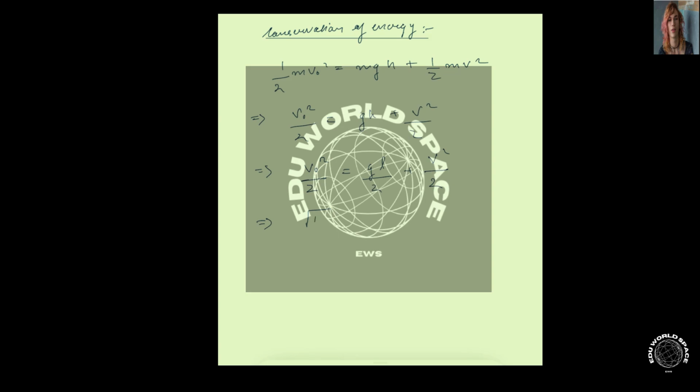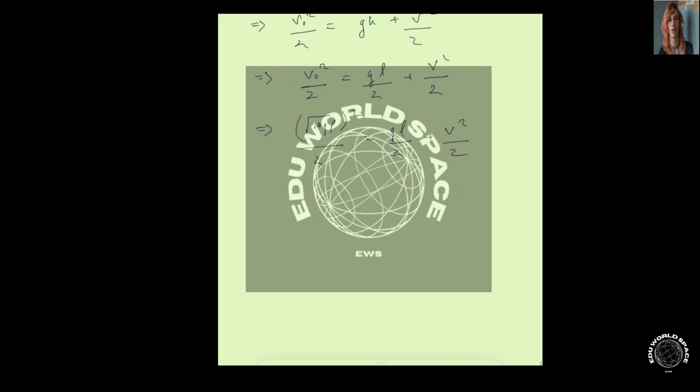This will be 10gL by 2 equal to gL by 2 plus v squared by 2. Therefore cancelling all the denominator 2's, we will get 9gL is equal to v squared, which implies v is equal to 3 under root of gL.